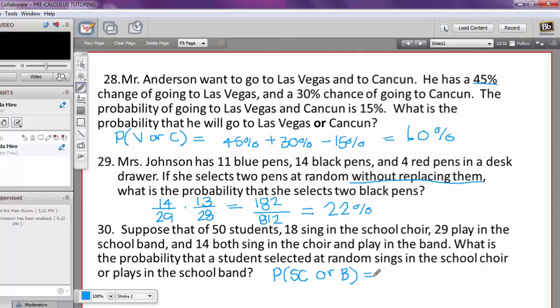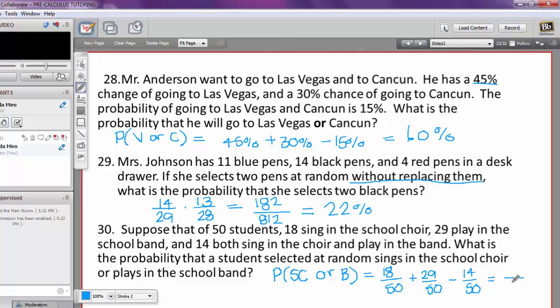So again, the key word or tells us we're going to be adding. So 18 of the 50 sing in the school choir, plus 29 of the 50 play in the school band. And then we have a couple of students who overlap in both the band and the choir. So we're going to subtract that overlap, so minus 14.